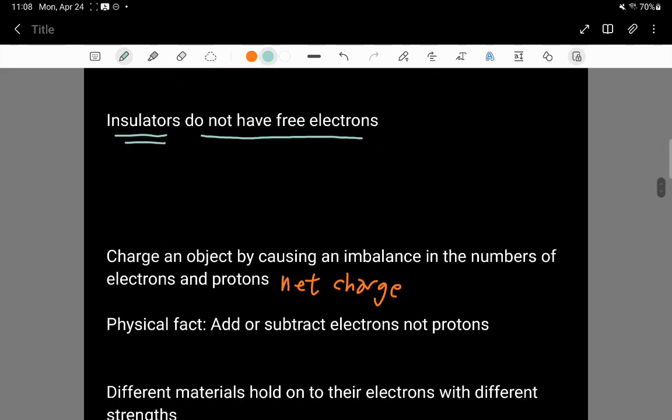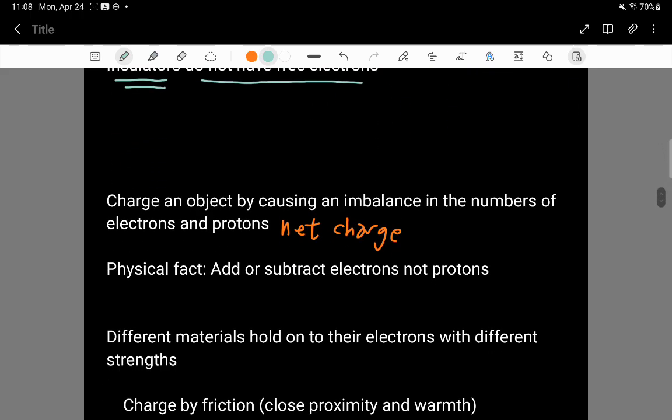Okay, so let's talk about how you might cause this electrical phenomenon to show up. How does an object become electrically charged? The basic issue is an object becomes electrically charged if there is an imbalance in the numbers of electrons and protons.